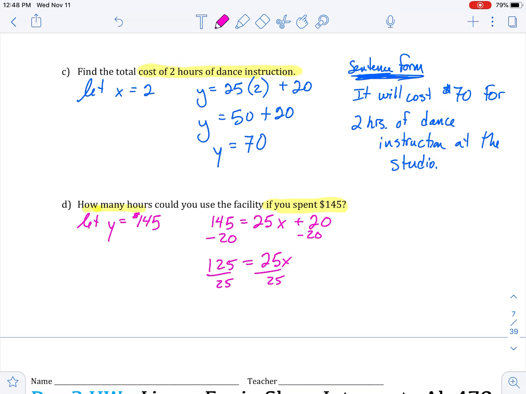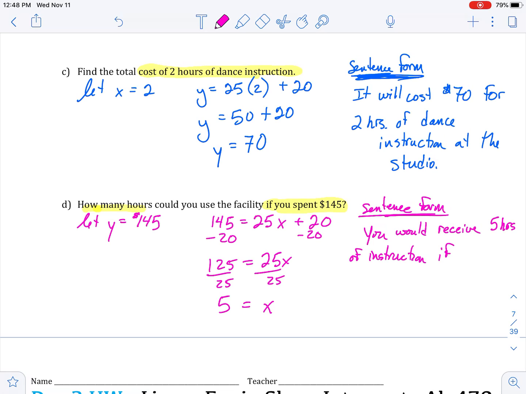Divide by 25, and x is equal to 5. Again, write it in sentence form: you would receive 5 hours of instruction if you spent $145.